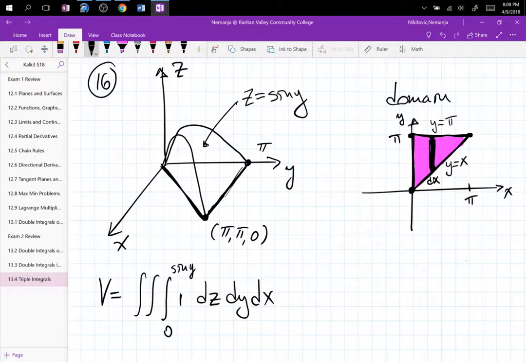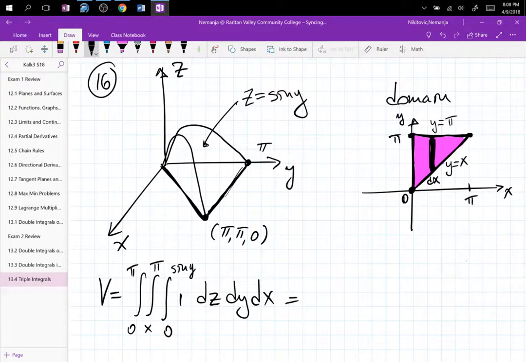Now dx clearly goes from x equals 0 on the left to x equals pi on the right, and top and bottom go from x to pi. So 0 to pi, x to pi, 0 to sine y.